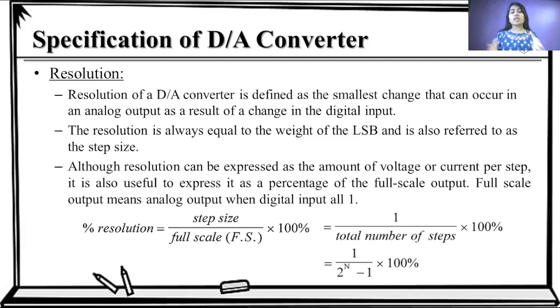Whenever we have a large number of steps, then we have a smooth analog value. The total number of steps in any n-bit D to A converter is equal to 2 raised to n minus 1. So here we have the equation: 1 upon 2 raised to n minus 1, into 100. So for any n bit, we can calculate percentage of resolution in terms of full scale output and step size. Basically, sometimes step size and resolution are the same, but percentage of resolution is different.